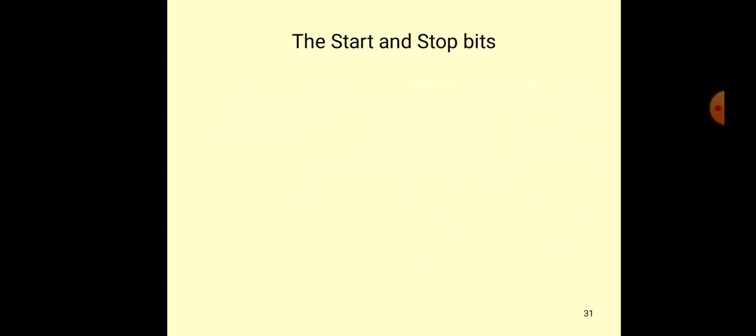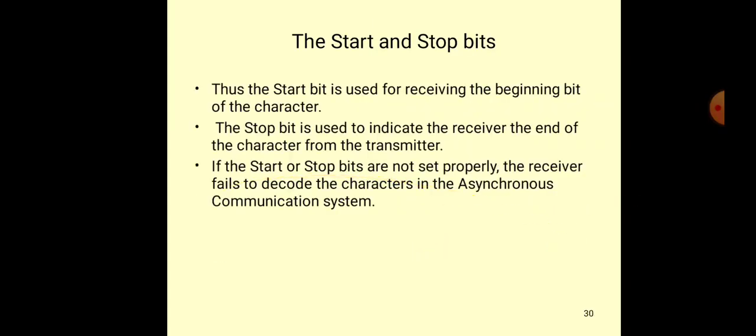So what happens if we are using the start and stop bits in asynchronous type of communication? In asynchronous communication, whatever start bits and stop bits we are using depends upon the mode of transmission. If the mode of transmission is synchronous, there is no need of extra information, that is, there is no need of start bit and stop bit.